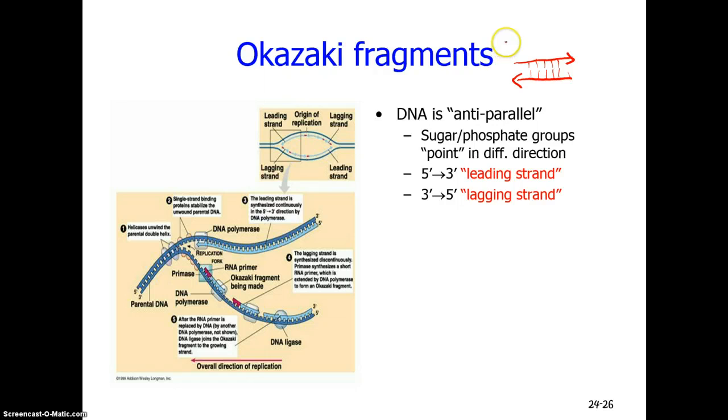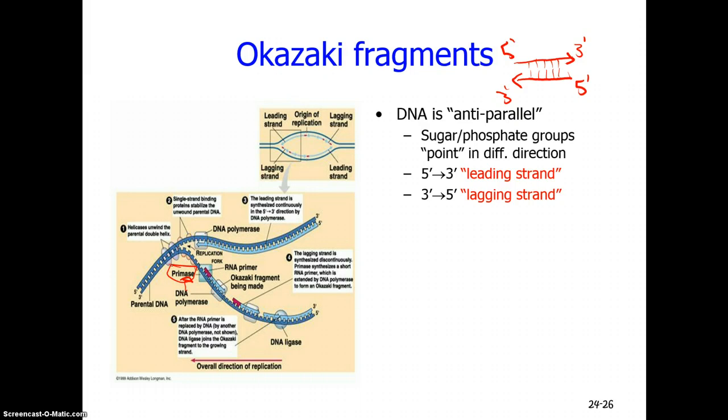We have the 5' to the 3' strand, that's your leading strand. Then we have the 3' to the 5' strand. Now before I get any further into this, I told you guys I would point out the primase. There's the primase in this one, and it's what allows the DNA polymerase to come in and get started.